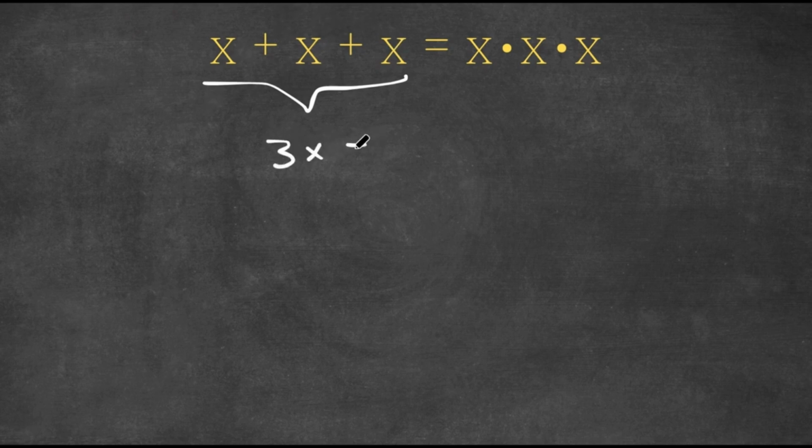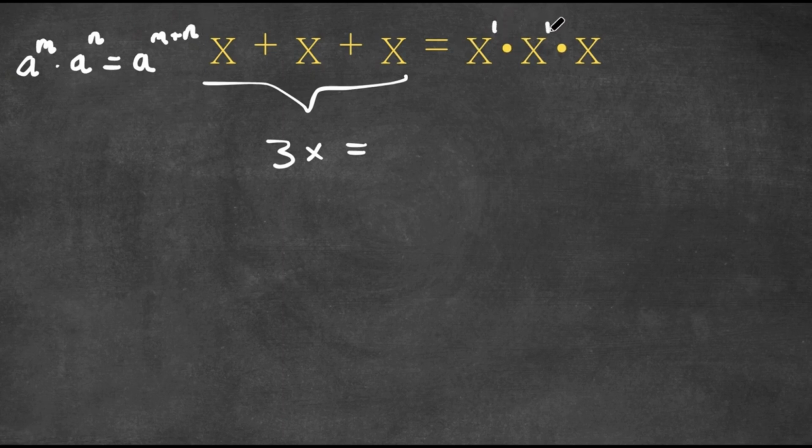is equal to, now x times x, well, if we have something in the form a to the power of m times a to the power of n, this is equal to a to the power of m plus n. So we have x to the power of 1.